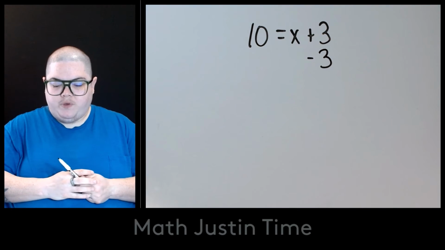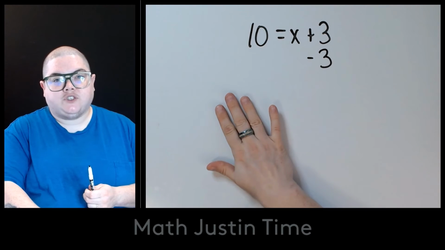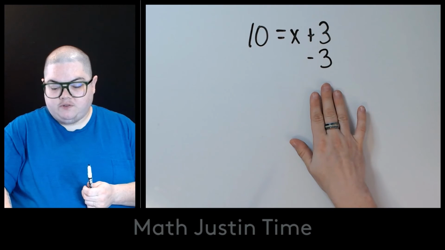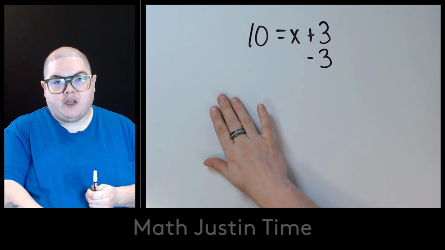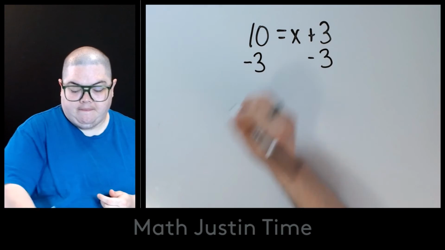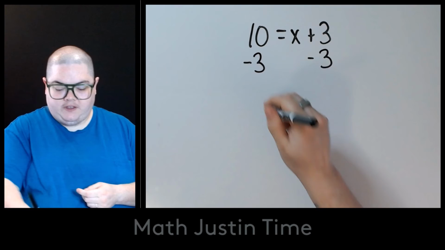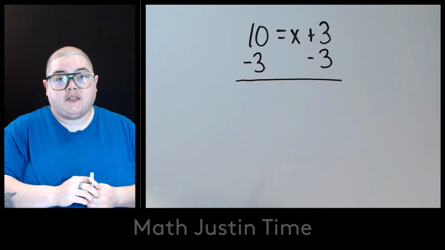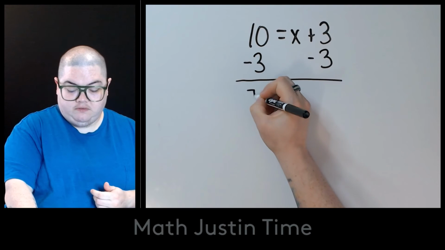Okay, now what we do on one side of the equation we have to do on the other. Well, we have a minus 3 over here, so we need to do a minus 3 over here. It's just set up a little bit differently. And let's see, if we look, we have 10 minus 3, which is 7.